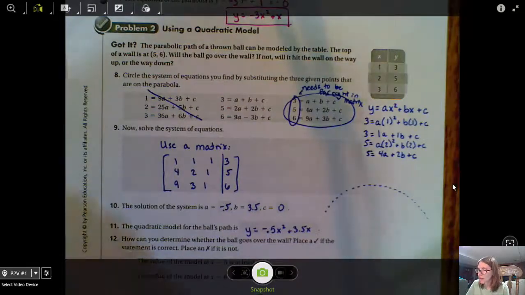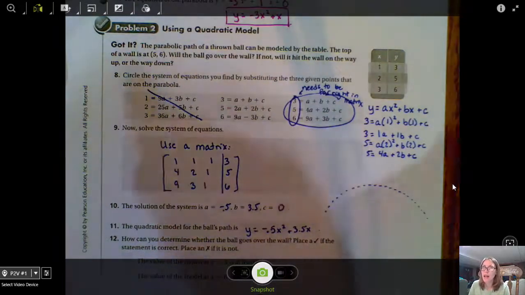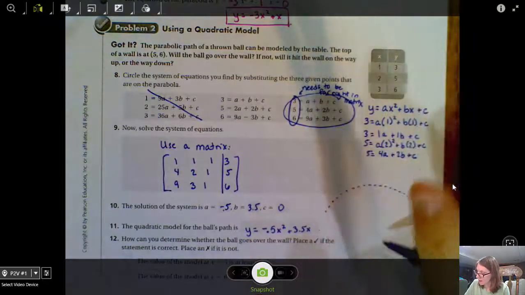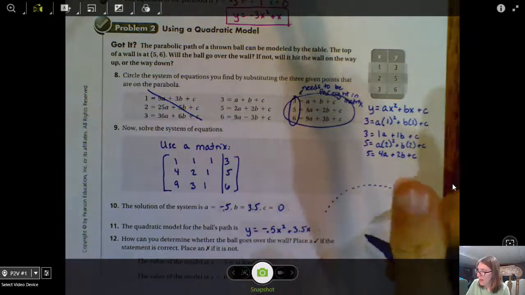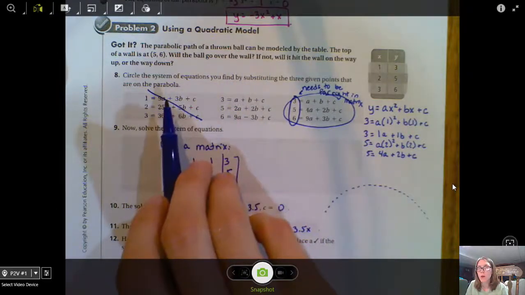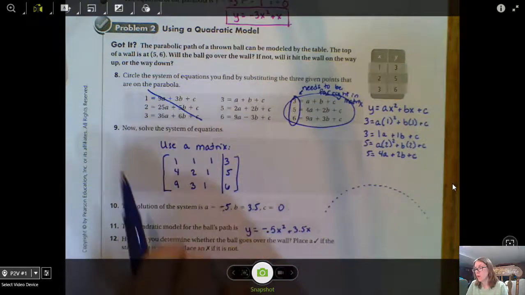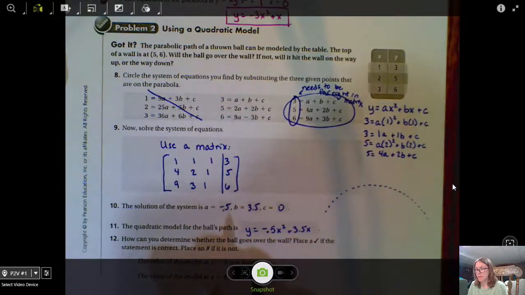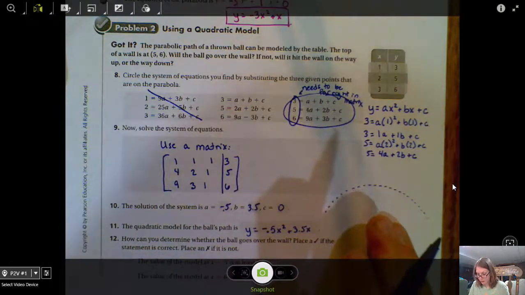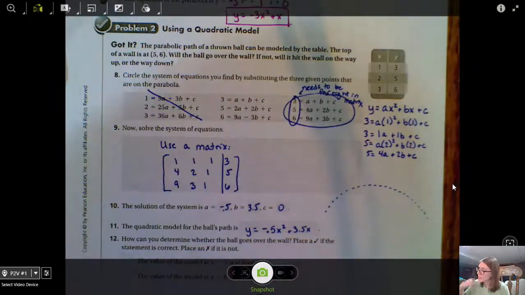Well, we have this wall here. The top of the wall is at 5.6. And I don't know if the ball is going to go over the wall, or if it's going to hit the wall, or if it's going to hit the wall on the way up or on the way down. So here are my options.